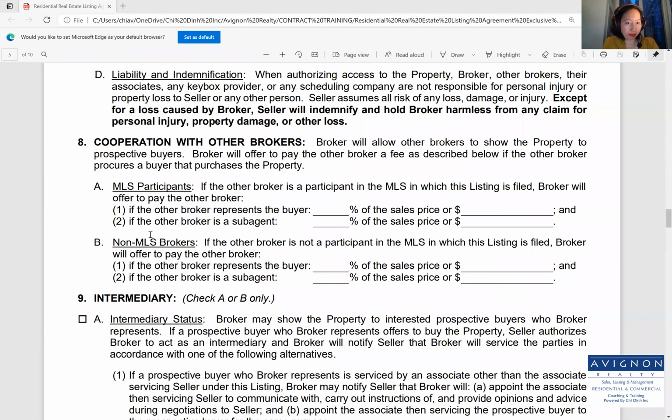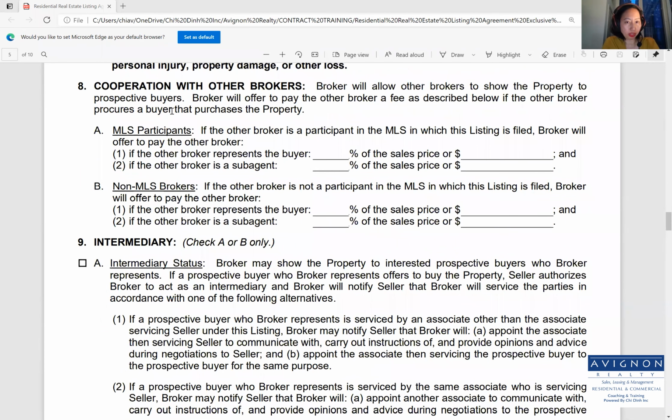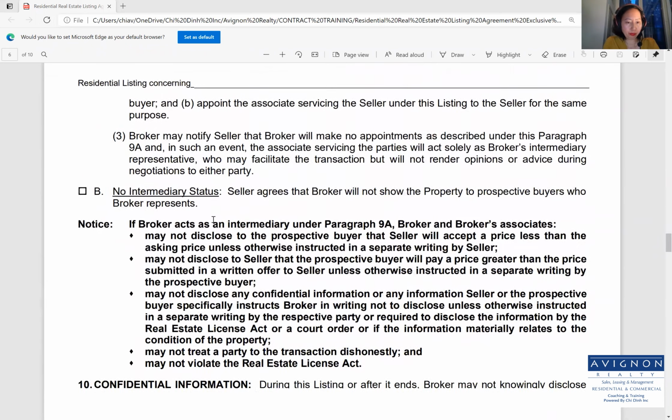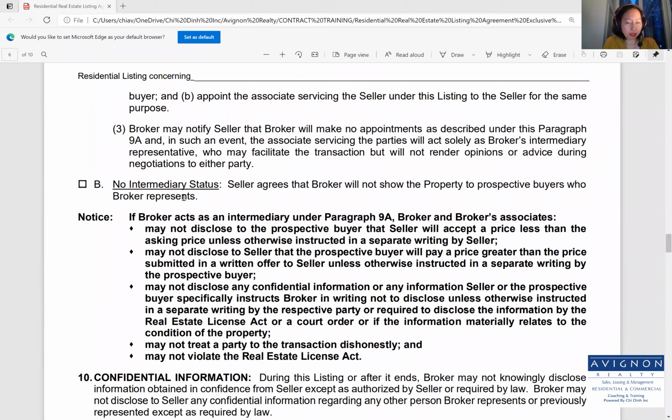And then paragraph 8, cooperation with other brokers, MLS participants. If the broker represents the buyer, what's the percentage that the buyer's broker will receive? If they're not on the MLS, then what percentage would that be? And then there's intermediary status or no intermediary status.